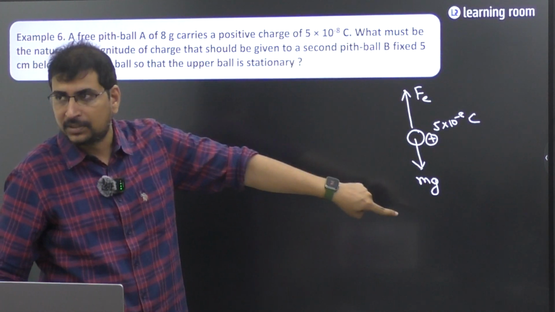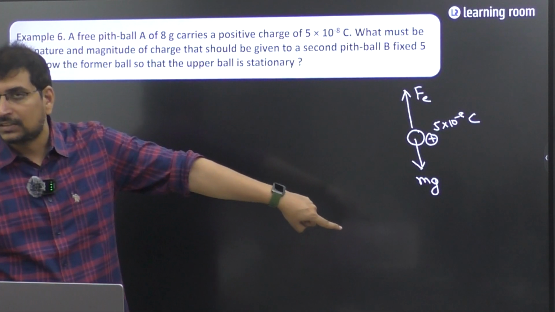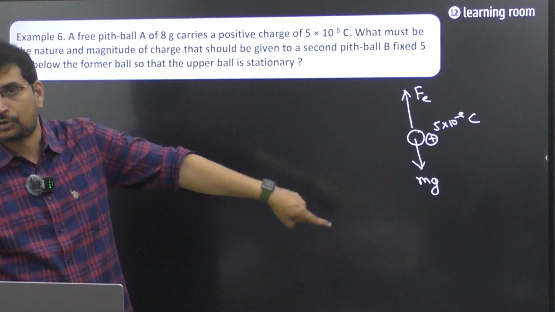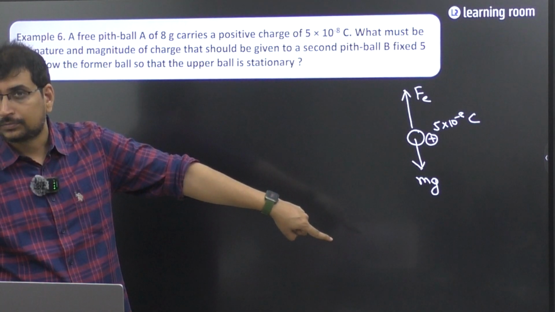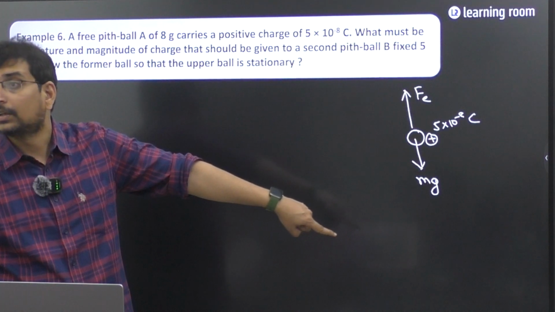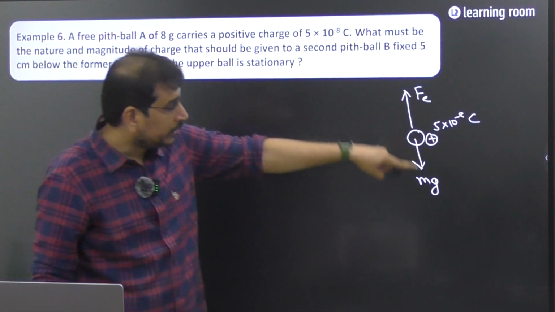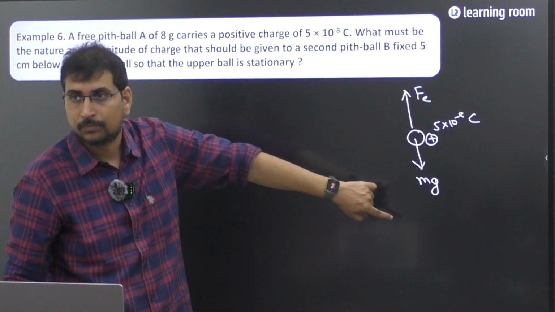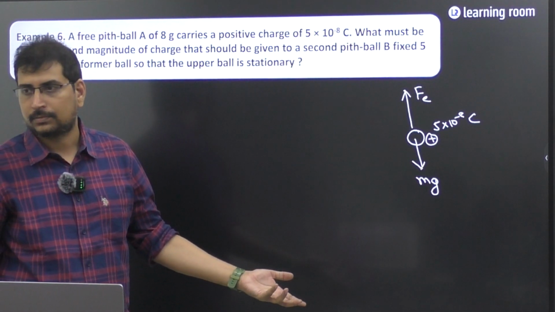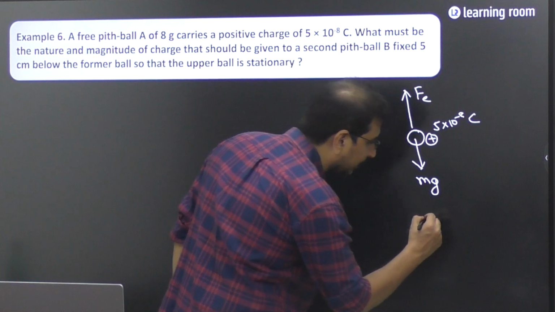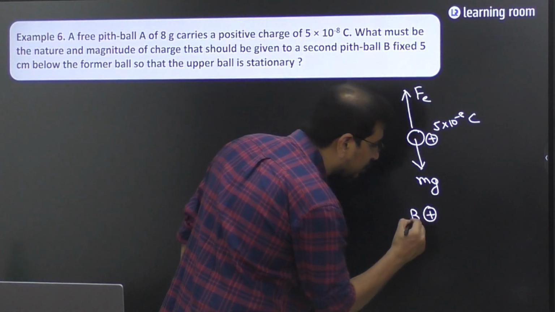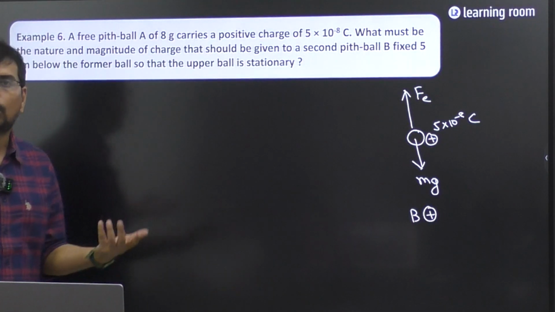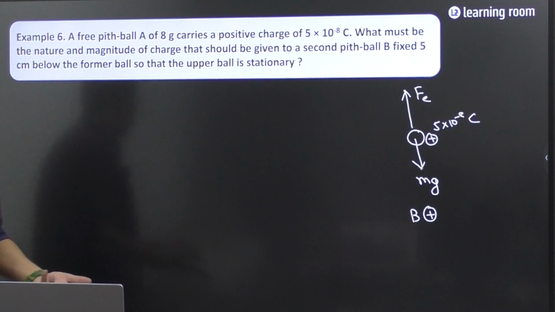Anything away from it is repulsive. Means what kind of a charge is it supposed to be? So what kind of a charge should I place here so that it will try to push it away from itself? It should be a positive charge. Only then it can repel, no. So B should be a positive charge, but I don't know what should be the magnitude of it.